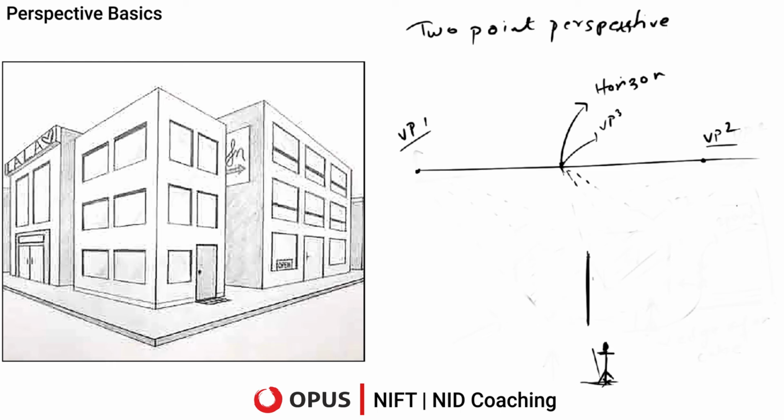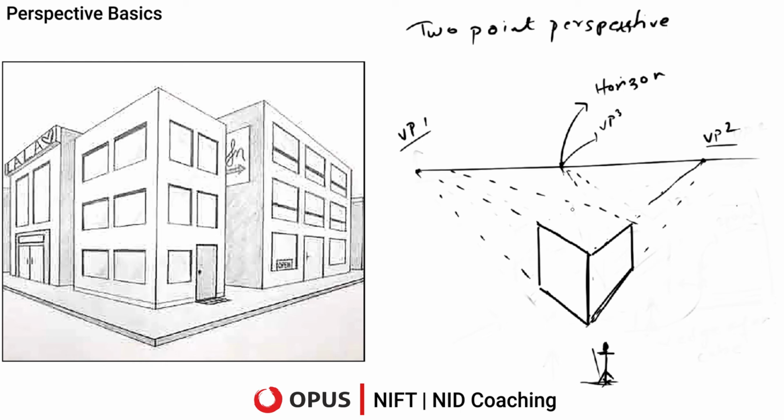From here you will extend the line to get the sides of that object, and the same thing from the other side. Here you will give a rough idea of the object's width, and then if you strengthen the line, you will have the drawing of that object, but this time from a different direction.